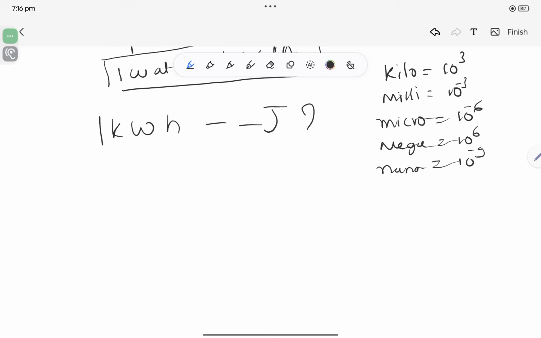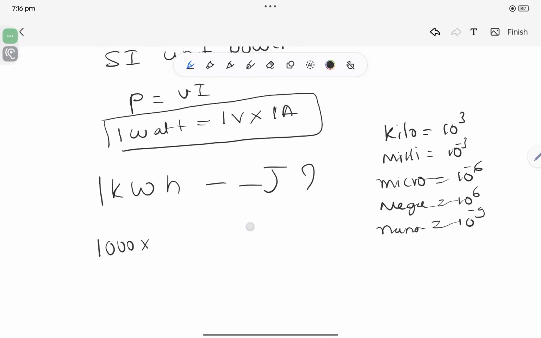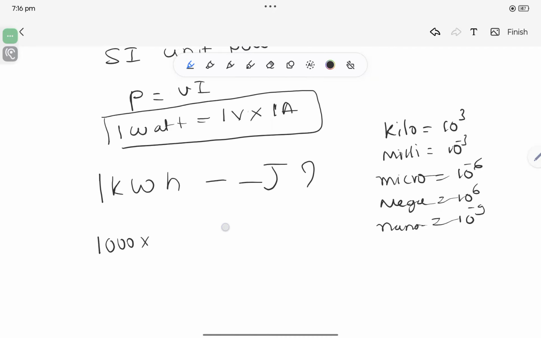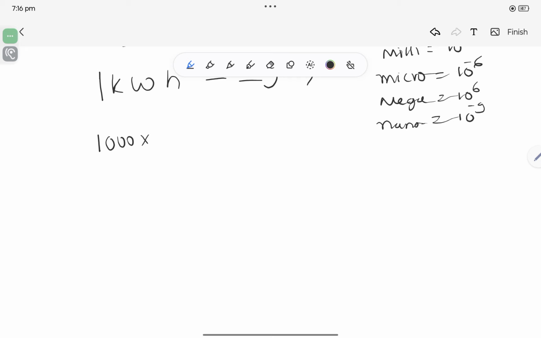Okay, here 1 kilowatt hour, you want in terms of joules. Kilo means 1000 watt. What is power? Power unit is watt.